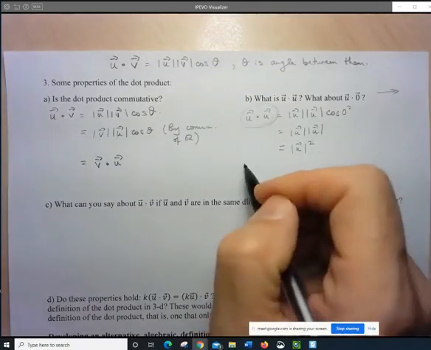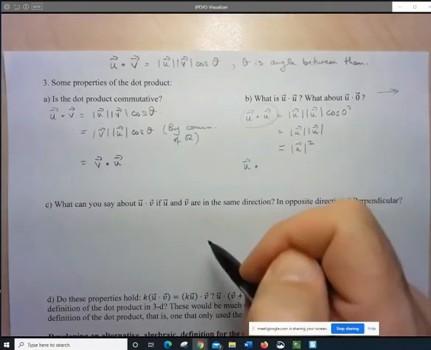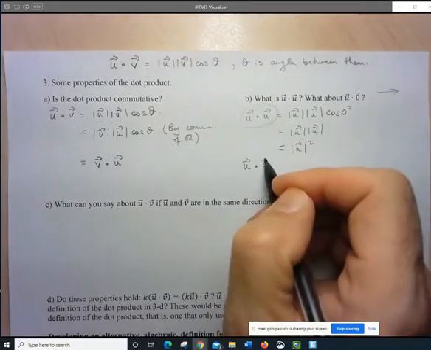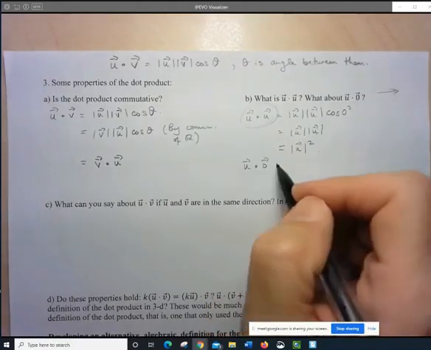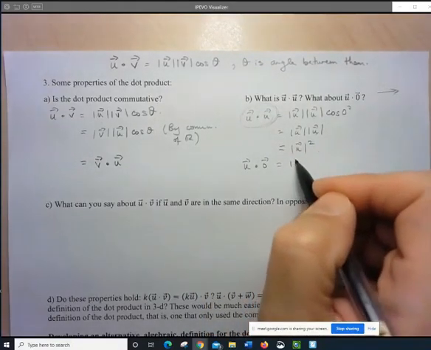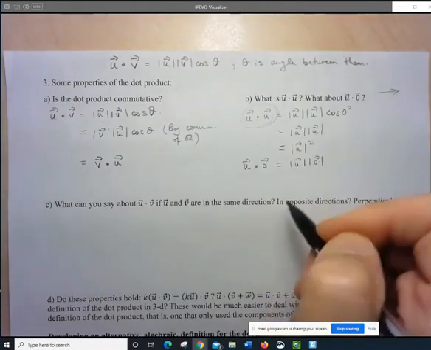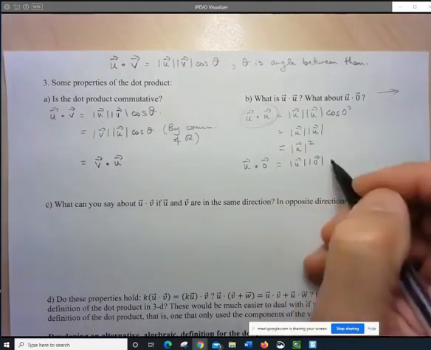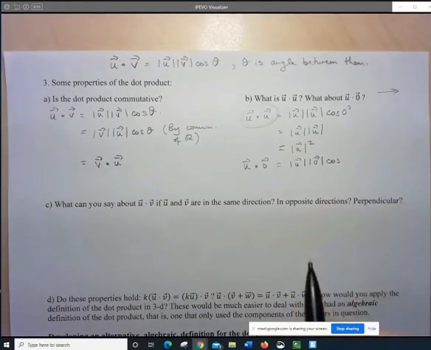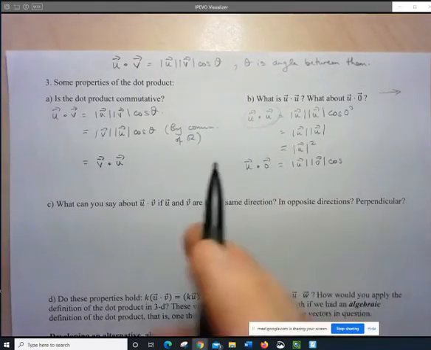Now this is where you might run into a bit of an issue, because when I try to find the dot product of u with the vector 0, the first part is okay: magnitude of u times magnitude of the vector 0. And so you might say, well, I'm just going to get 0. But what's the angle between 0 and u?